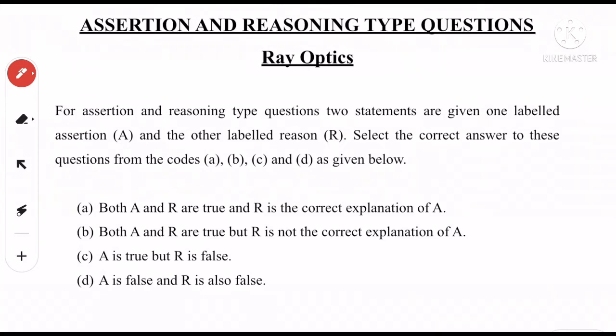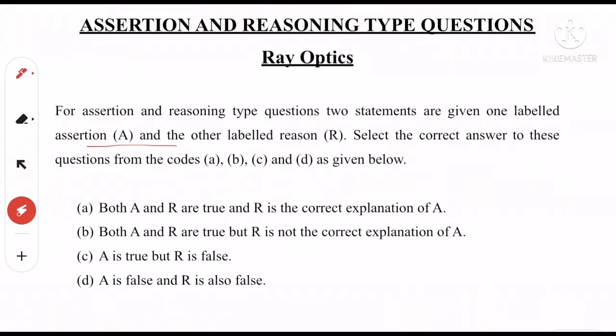For assertion and reasoning type questions, two statements are given, one labeled as assertion and the other as reason. We have to select the correct answer from codes A, B, C and D. Four choices are given.